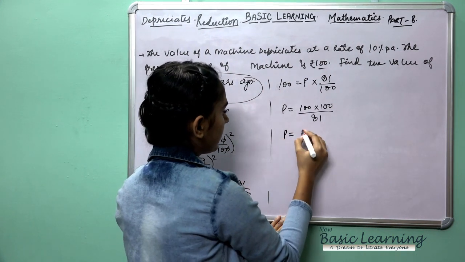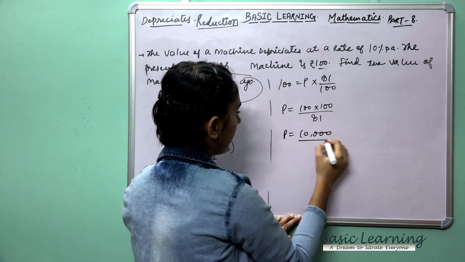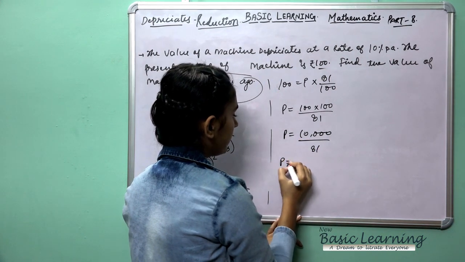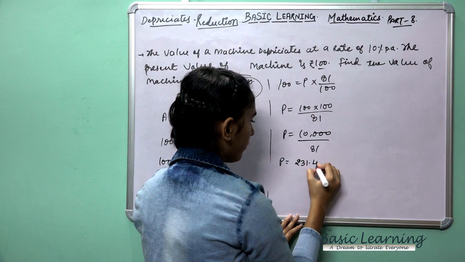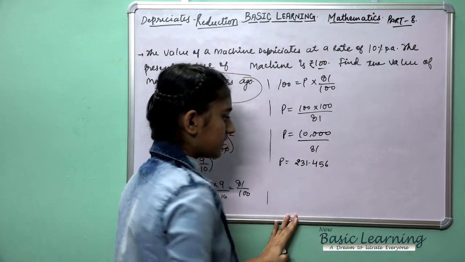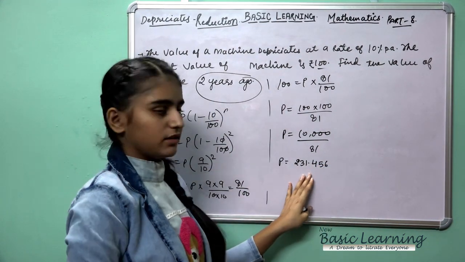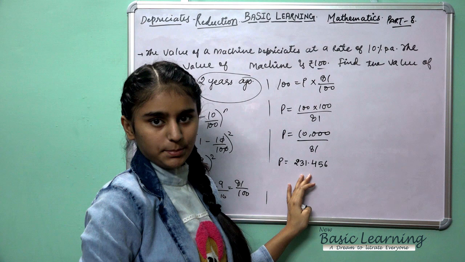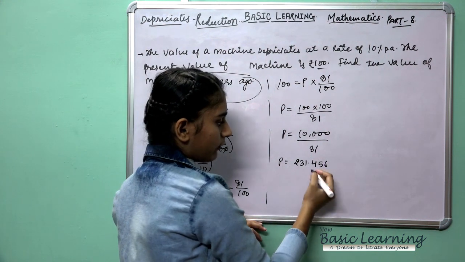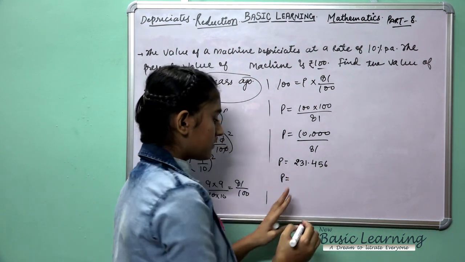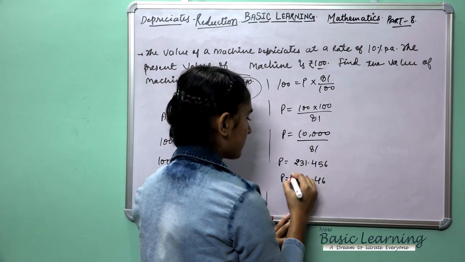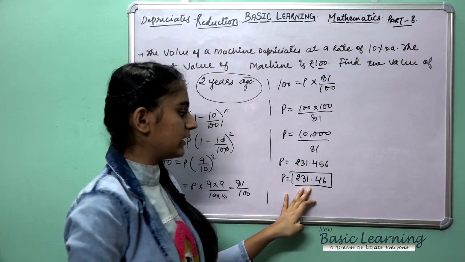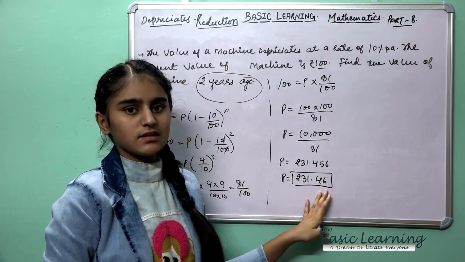Then principal equals 10,000 upon 81. It comes to 231.456. This is the principal. When we round it off, we get 231.46, that is 231 rupees 46 paise.